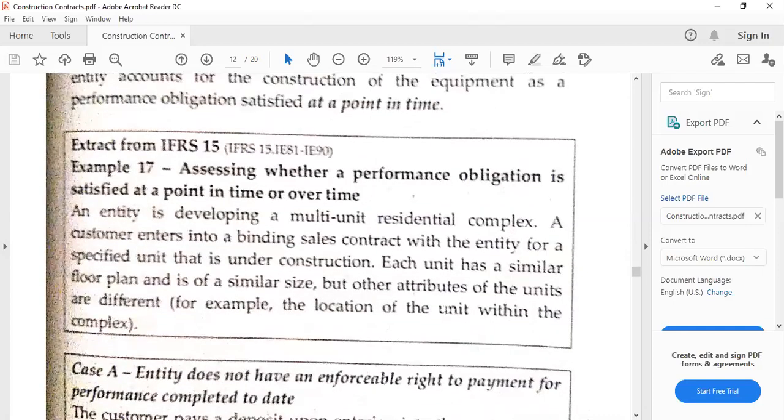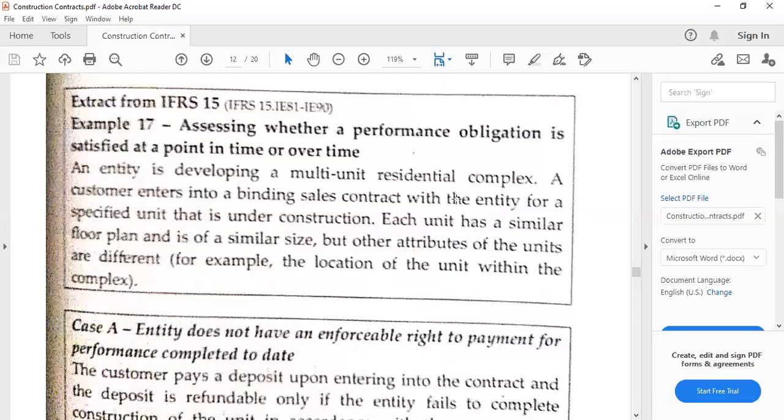Next is assessing whether a performance obligation is satisfied at a point in time or over time. All right, so this is another extract from IFRS 15, wherein a certain entity is developing a multi-unit residential complex. As we go along with the details, there are some similarities in terms of floor plans and sizes, but other attributes are different, for example, the location of the units within the complex.